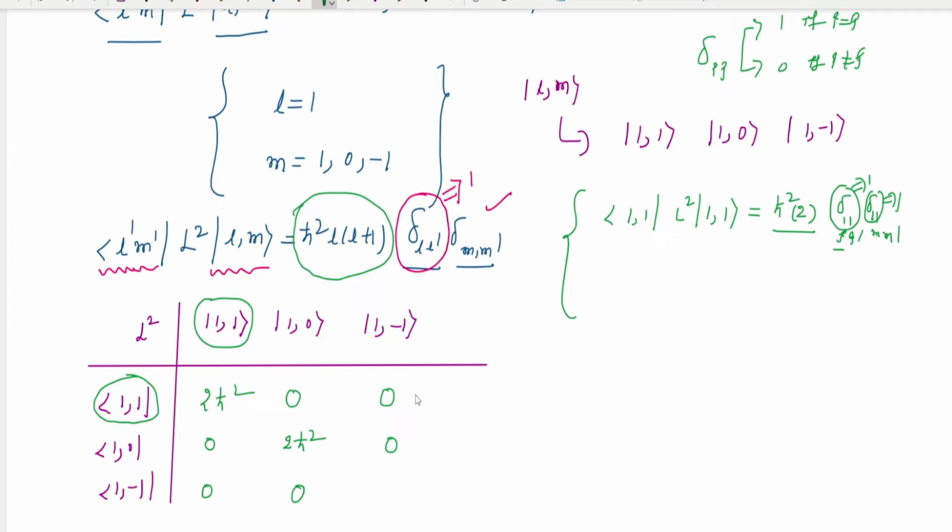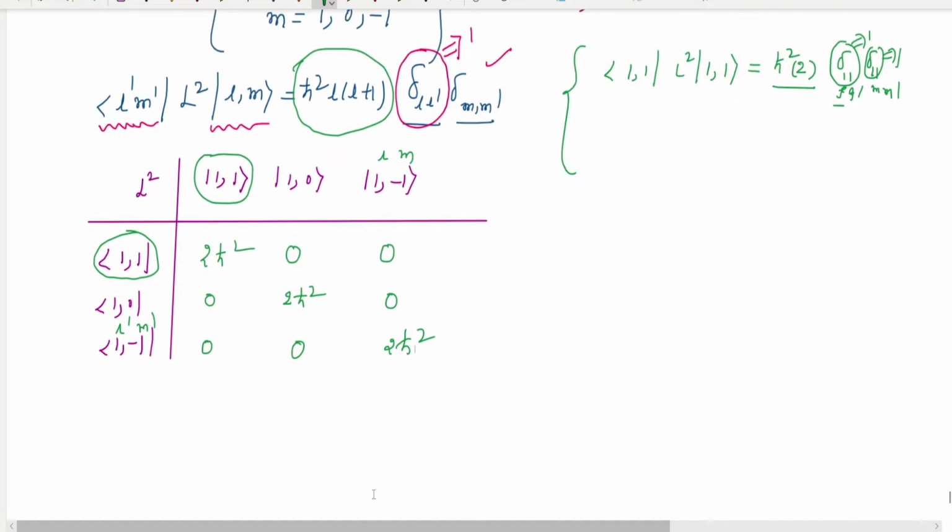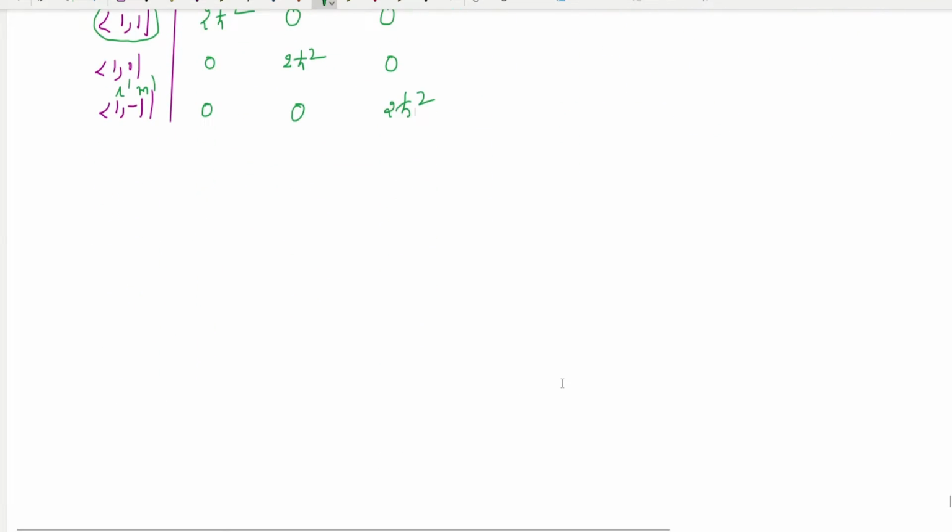These are the two same states, right? Then we can get this L, this is M, this is L prime and M prime. So therefore here also we can get 2h cross square. This is how L square is very simple compared to J square.